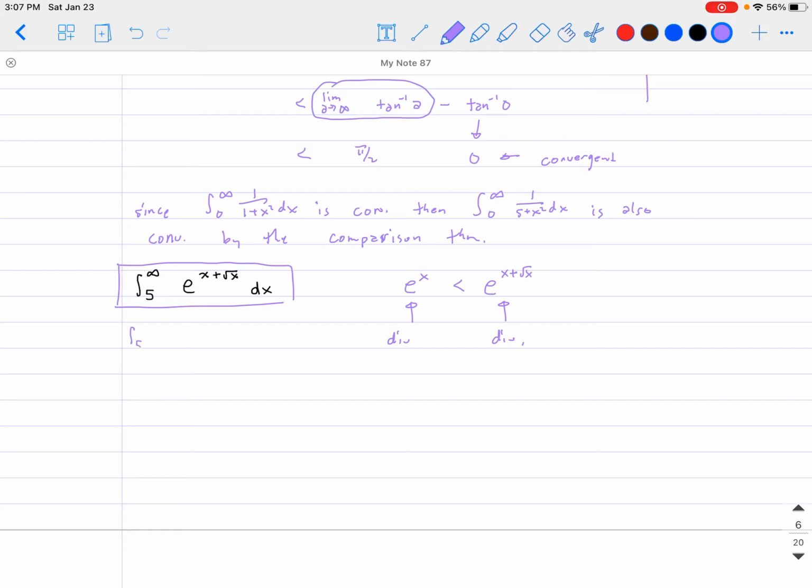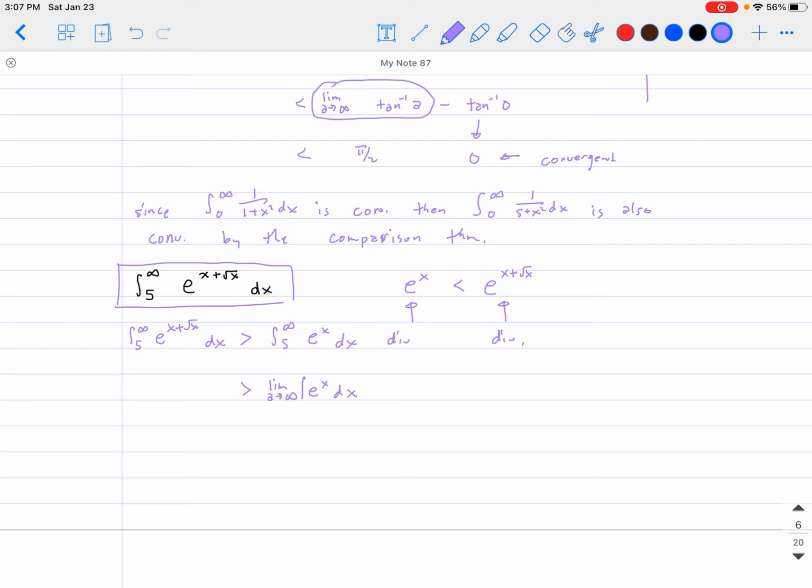So we're going to say that the integral from 5 to infinity of e to the x plus square root of x dx is going to be greater than the integral from 5 to infinity of e to the x dx. Okay, so now we're going to solve for that one. The limit as a approaches infinity of the integral from 5 to a of e to the x dx.